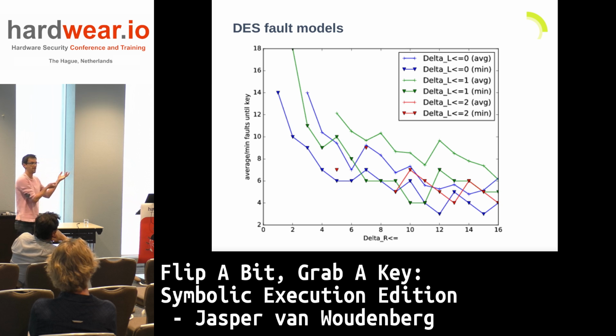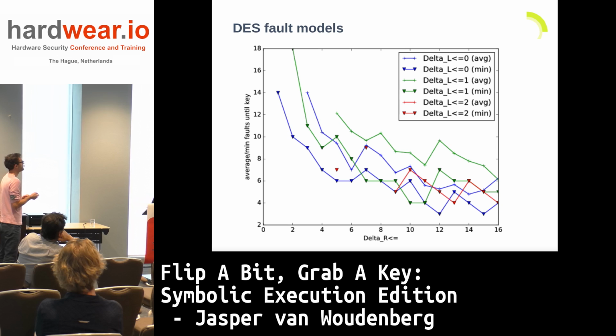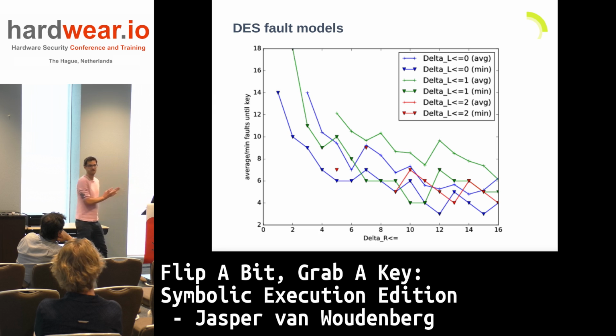But the nice thing again is I didn't have to think about how to deal with faults in the left-hand side and how to compensate for it, because my solver just does that for me. Now, this isn't all magic. The reason why, for instance, you don't see deltas larger than 2 here is that once I get to deltas 3, 4, 5, it becomes extremely slow.